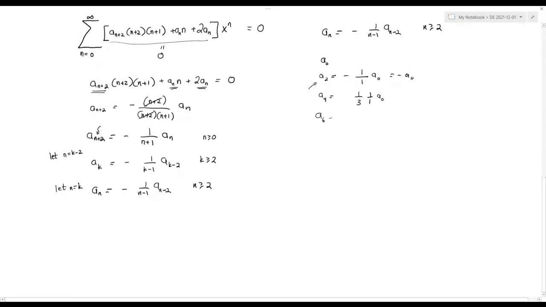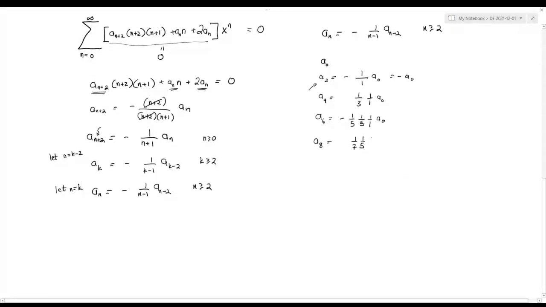Then a6 is negative 1 over 5 times the preceding a4, right? And so on. So negative 1 over 7 times the previous thing, which is negative. So it looks like we have an alternating sequence here.